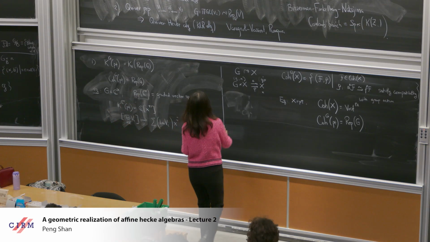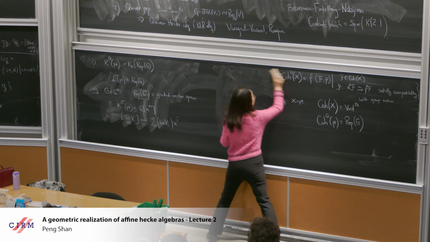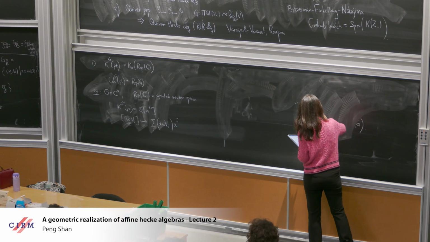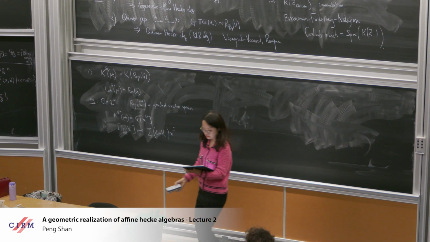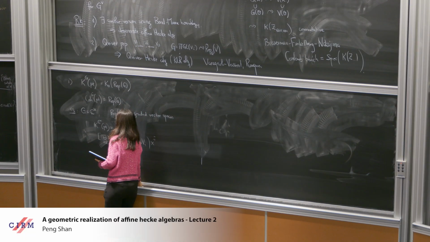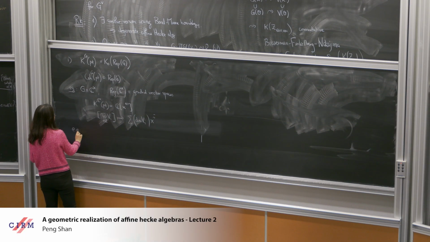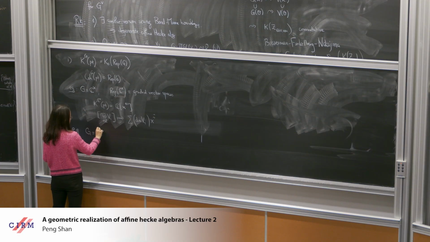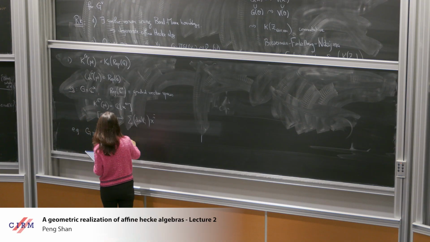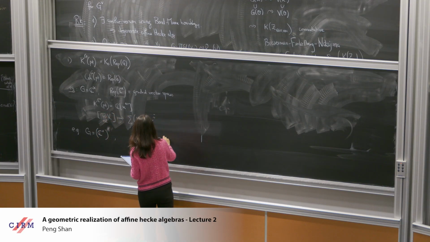So, it's a good start. And now we will have a torus of higher rank, let's say rank r. Then you can imagine that the equivariant K-theory is just a ring with r variables.